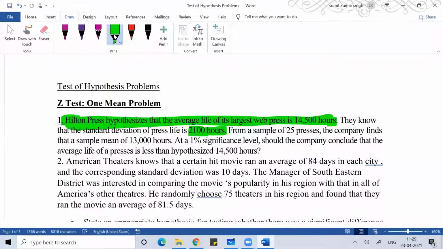From the sample of 25 press, the company finds that here the n is 25.